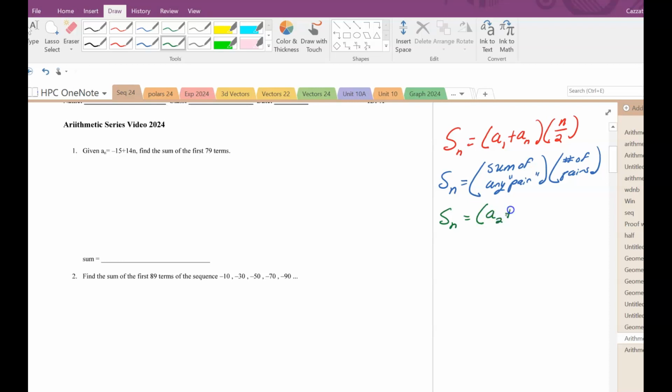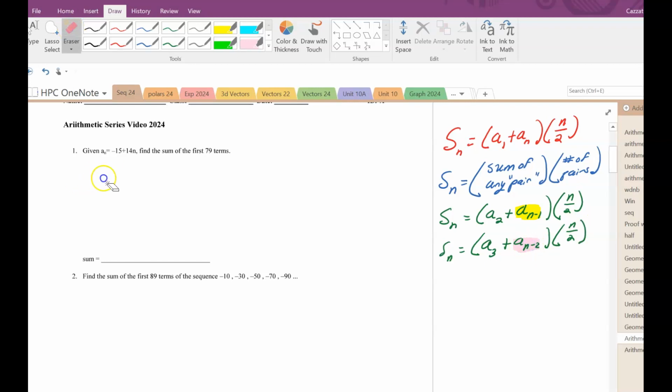It could be a2 plus a sub n minus 1, so the second and second to last. Or you could have the third, a3, plus the third to last, which is a sub n minus 2. So symbolically in green, this a sub n minus 1 means second to last, and then this is the third to last.